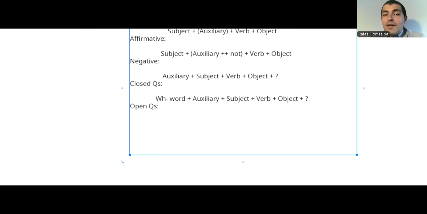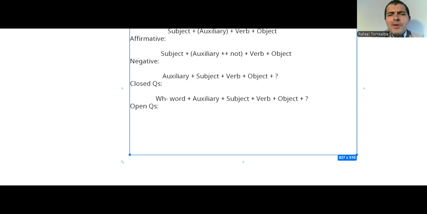The position of the auxiliary does change in the question. It's not that it changes in the question for the continuous tenses and it doesn't change in the questions for simple tenses. It always changes. The auxiliary always goes before the subject in a question. Always. Always. Always. And that is a very basic structural mistake.